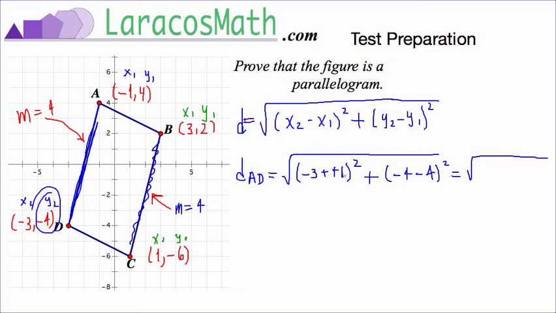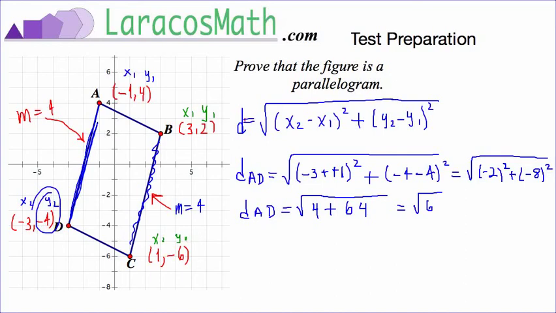So -3 plus 1 is -2, this goes squared, plus -4 minus 4, that's -8, this goes squared also. So this distance AD equals square root, -2 squared is 4, plus -8 squared is 64, and I'm gonna only add those numbers. This is square root of 68. I don't need to find the square root because this is a number I can use.